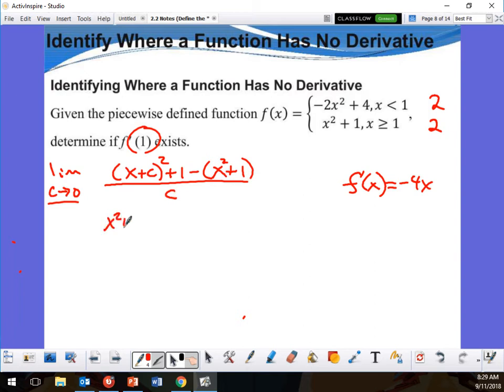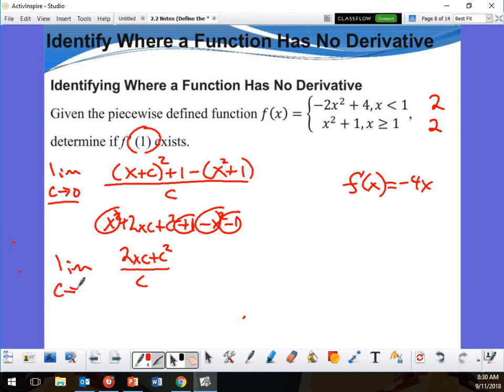So x squared plus 2xc plus c squared plus 1 minus x squared minus 1. So these all go away. So I'm left with 2xc plus c squared over c. We're taking the limit as c goes to 0. Factor out that c. I'm left with 2x plus c over c. So this is going to give me 2x.